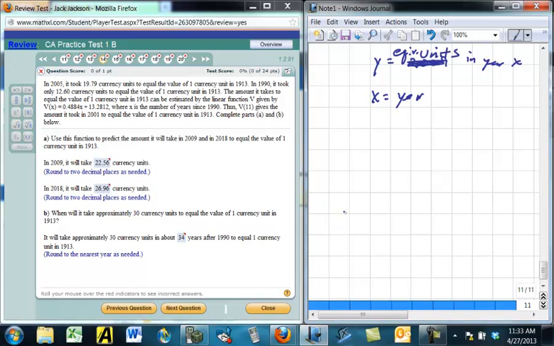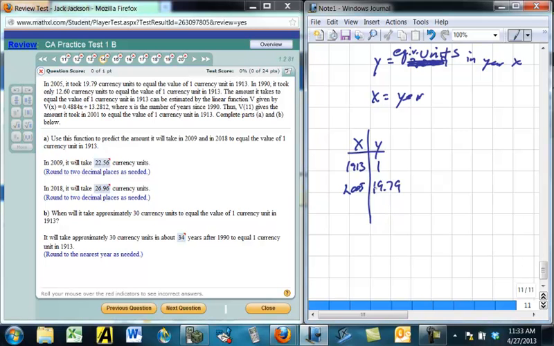Okay, can we look at some ordered pairs here? We've got X's and Y's. When X is 1913, Y is 1. And when X is 2005, Y is 19.79.